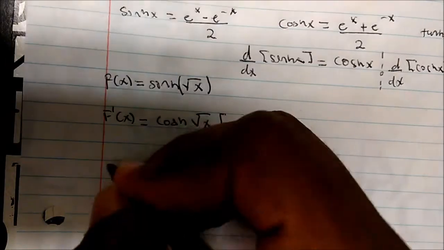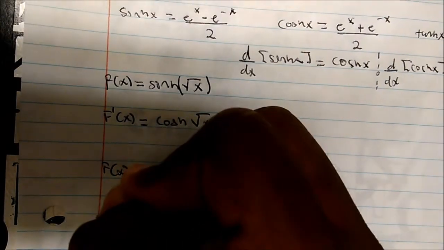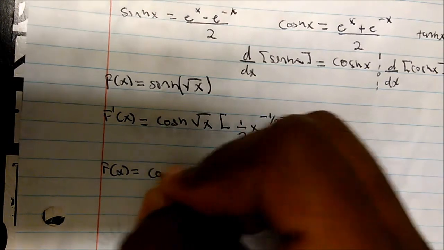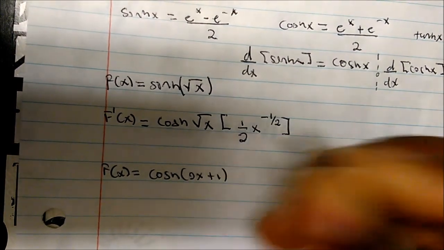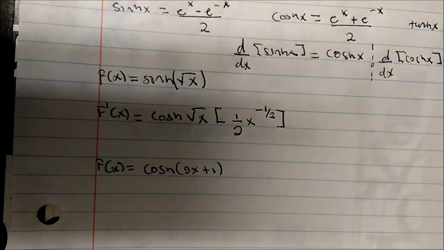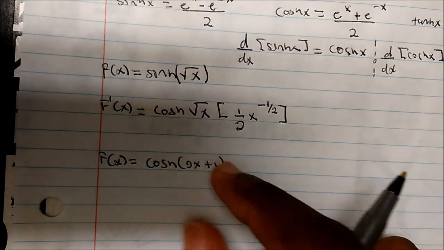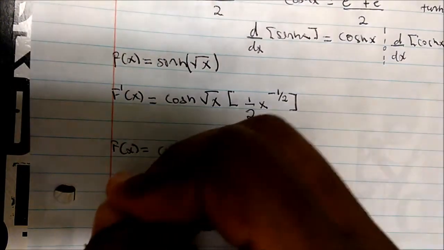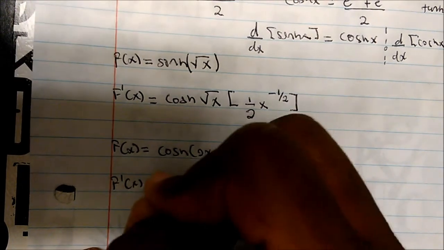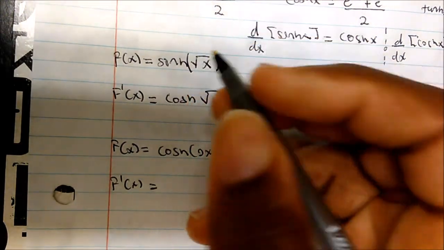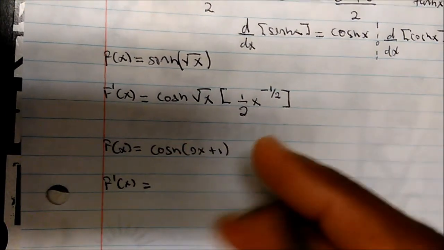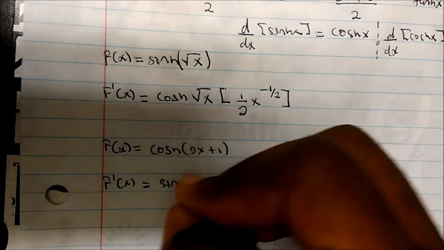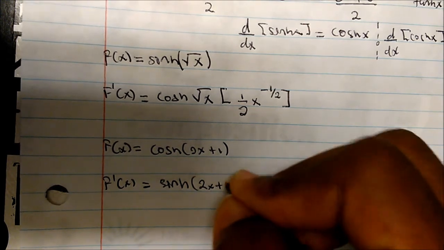How about this one? f of x is equal to cosine hyperbolic of 2x plus 1. If I look at this, what is my derivative? f prime of x: the derivative of cosine hyperbolic of anything is just sine hyperbolic of that same thing. So this is sine hyperbolic of 2x plus 1.